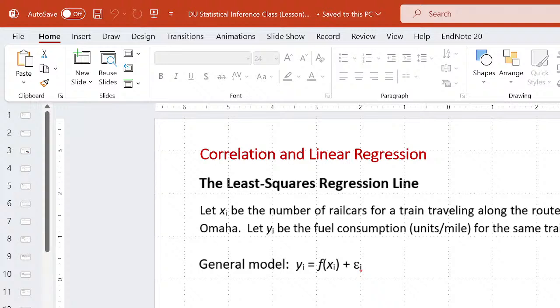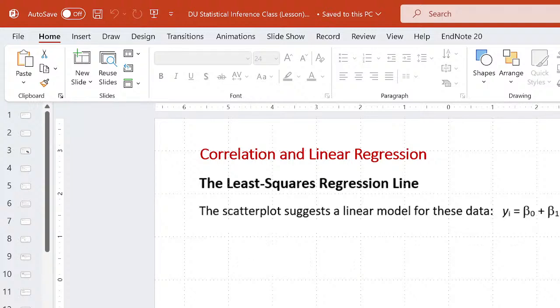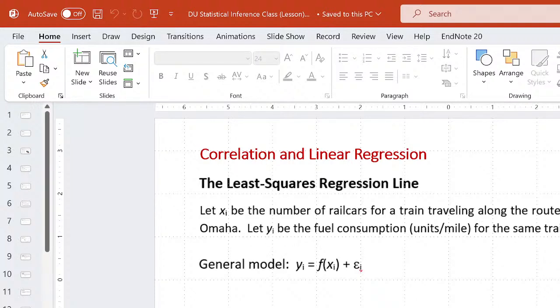You can pick a linear model, which we're going to do. And these are what we're going to call the parameters, beta 0 and beta 1. Beta 0 is our intercept, beta 1 is our slope. Like in old algebra, y equals mx plus b, where m is the slope. It's going to be beta 1 here, beta 0 here.